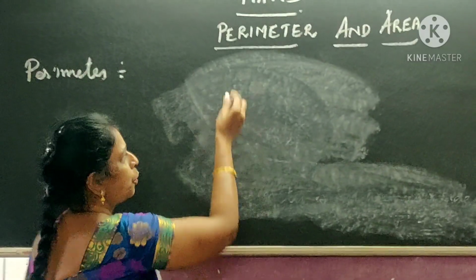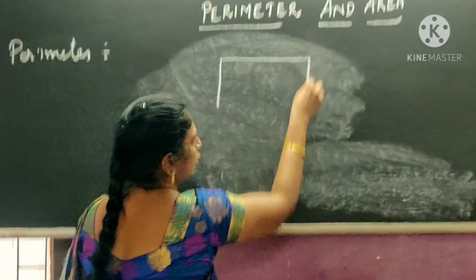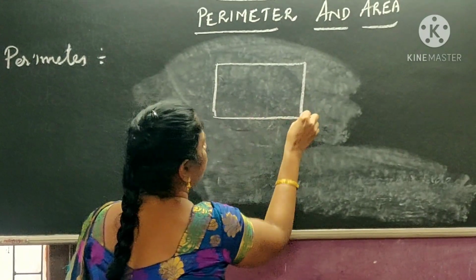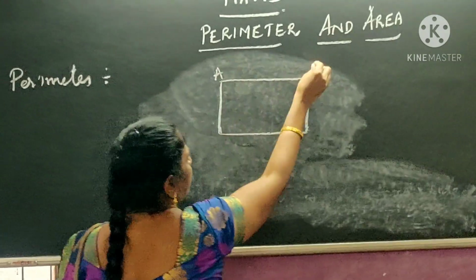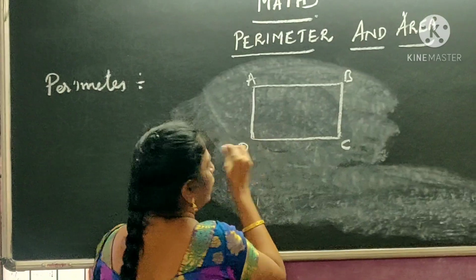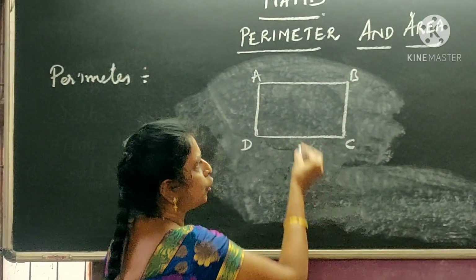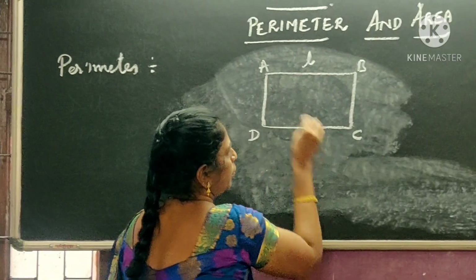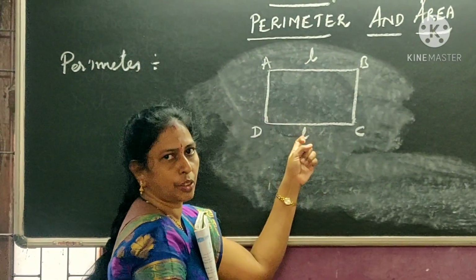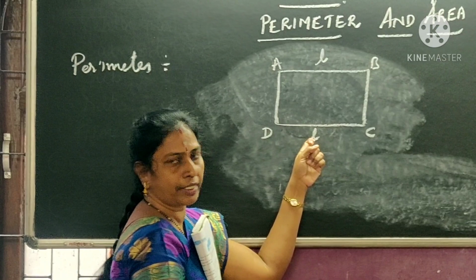Next, I will teach you perimeter of a rectangle. A, B, C, D. Again, rectangle is also a four-sided figure, but it consists of two lengths. So, these two sides are denoted as L, that is the length of the rectangle.